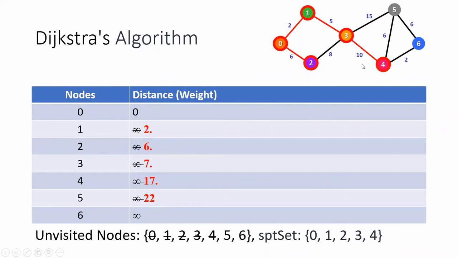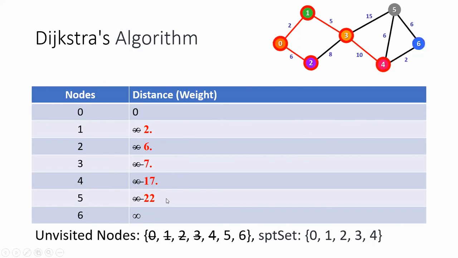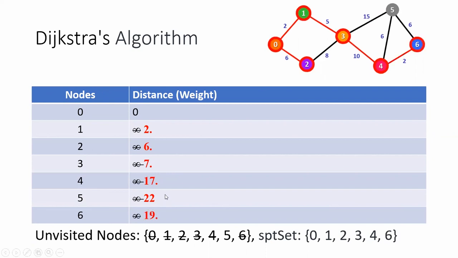Then for 4, it has 5 and also 6, but we choose the one that is shorter. We go to 6 first. We choose this one because if we compare 5 and 6 from the source, for 5 it is 5 plus 2 is 7, plus 10 is 17, then plus 6 is 23, right?